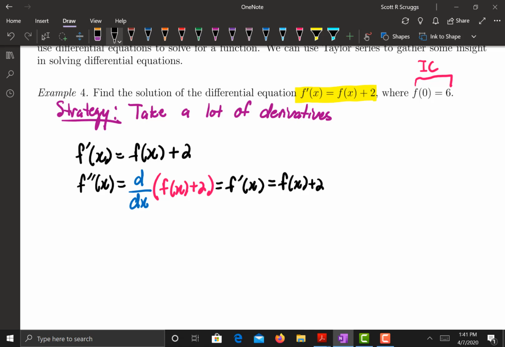Well, out of curiosity, let's take the third derivative and see what happens. I claim the same thing is going to occur, because I'm taking the derivative of the second derivative, which we already found to be f of x plus 2, because we showed before that the second derivative is just the first derivative.